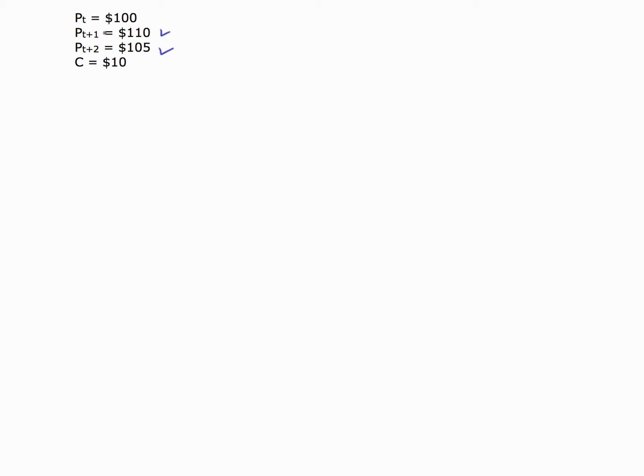So we've had this fluctuation in price over two periods. The coupon payment for this bond is $10, and we know that if we divide the $10 by the purchase price P sub T, we find out that the coupon rate, or the current yield, is 0.1, or 10%. And this is not going to change while we hold the bond.